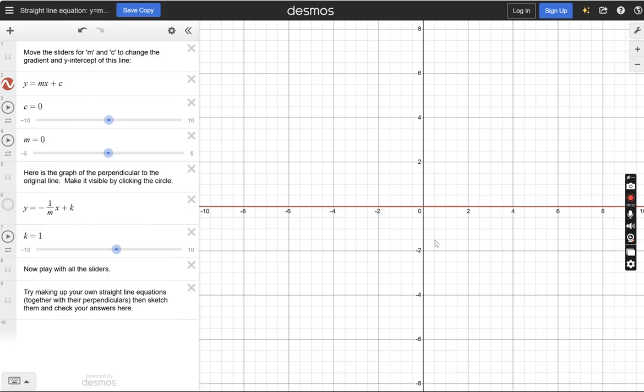Now you can see the red line is on the x-axis. Slope means the angle; you are trying to control the angle of the line.